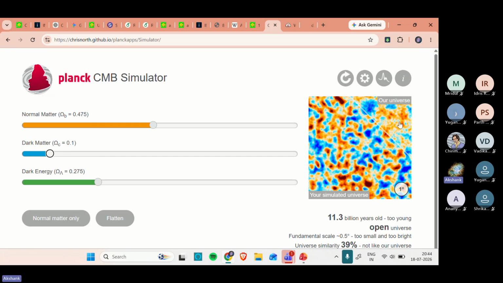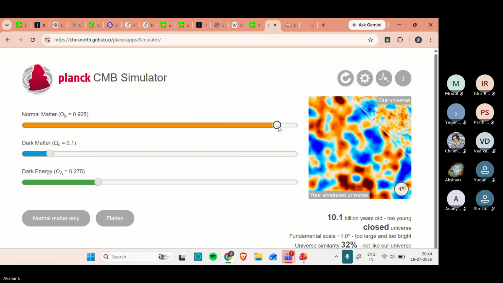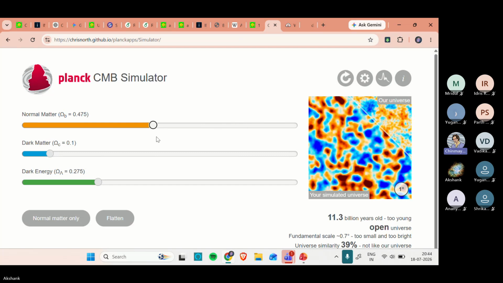And you can clearly see that there is a difference. It makes a difference when you change all these parameters, right? It looks nothing like our universe. But if I go to the percentages that I already told you, guys, you remember the pie chart? Tell me, how much was normal matter? What percentage? 4, I think.